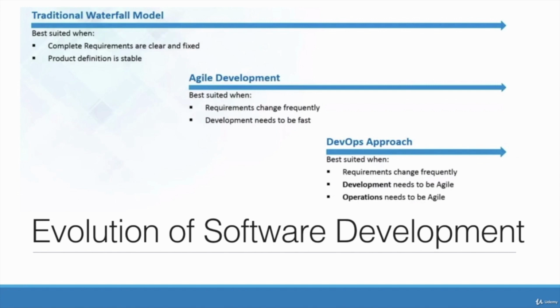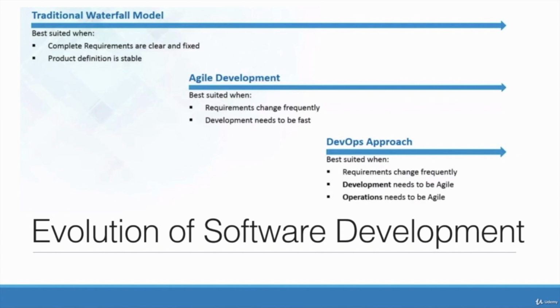Because we can't release the product until we build it completely. The testing effort is huge, the development effort is also huge, because we are developing the complete product and after that we are starting the testing, right? We are not doing things in parallel. So that model has these loopholes.